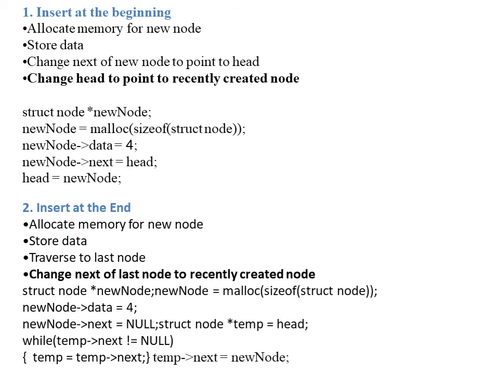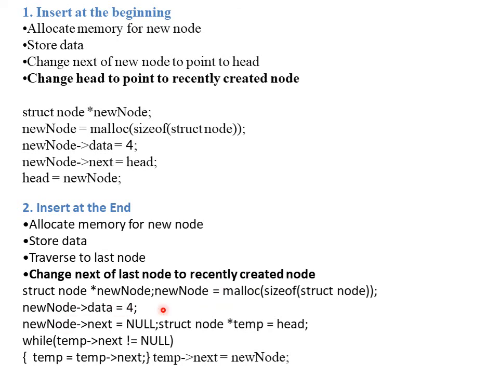Then insert at the end. That means the insertion is done at the end. Allocate the memory for a new node, same procedure. Store data, travel to the last node, and change the next of the last node to the recently created node. I have created that using new node, and I have allocated memory using dynamic memory, that is malloc.